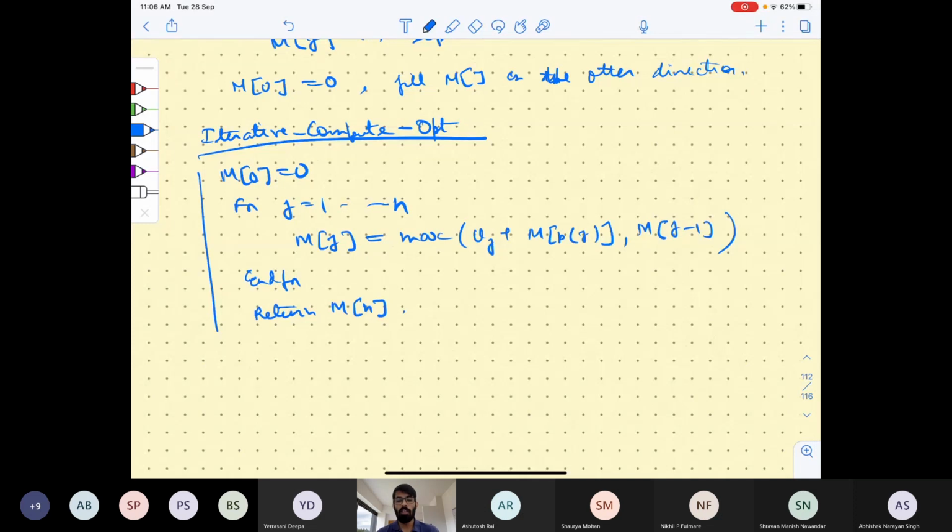So this way we don't have to go through the recursion and then argue about the running time, the memoization and so on, because now the running time is very easy. How much time does it take? Suppose you have computed the pjs, and the intervals are sorted by finish time.